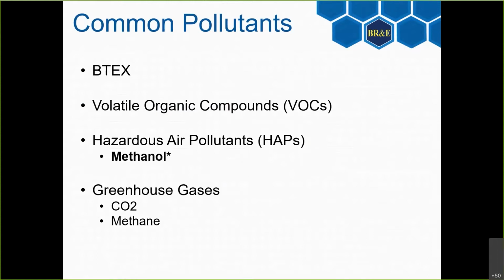One thing I wanted to highlight on the hazardous air pollutants is that ProMax does a very, very good job of estimating methanol emissions. We know, especially up in Canada and in the north, as it gets to those colder months, you're probably going to be injecting a lot of methanol. Even in the south, it can get cold enough where methanol is required. The reason methanol is used is to prevent hydrates or freezing from occurring in your equipment.